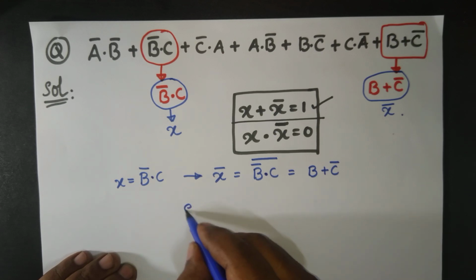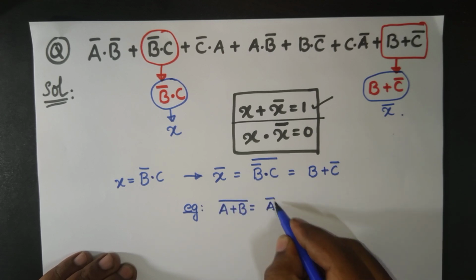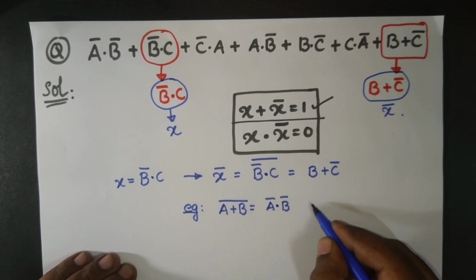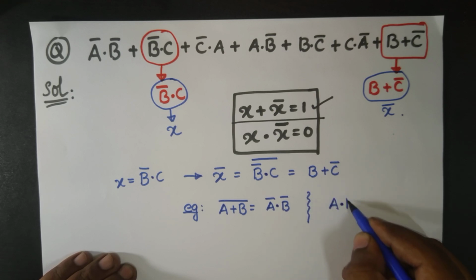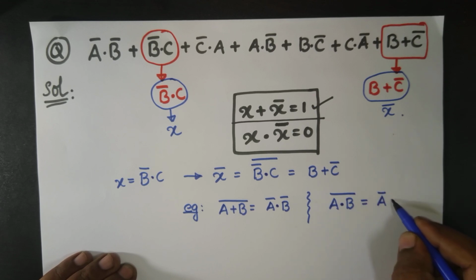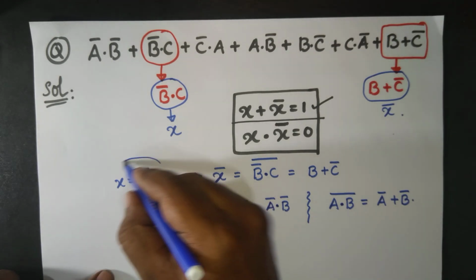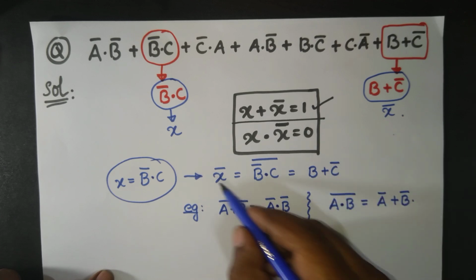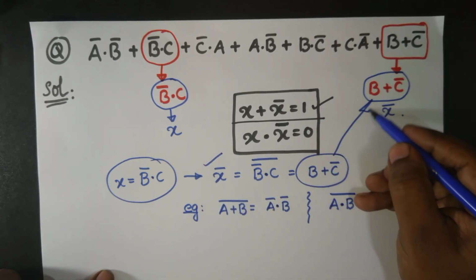For example, A or B whole complement is equal to A complement and B complement, and A and B whole complement is equal to A complement or B complement. Therefore, if I choose X equal to B complement C, then X complement is B or C complement. That is what this one is.